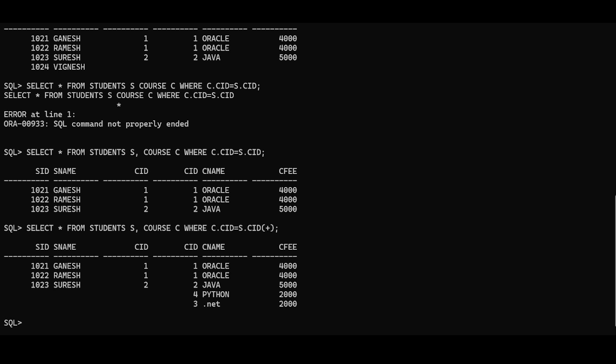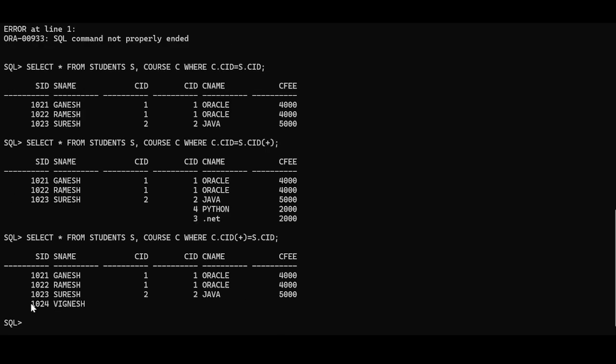The left outer join. Sorry, right outer join. For example, I use the plus operator next to this course table. I'm using it on the left side. Okay, this is equal to operator. I'm using it on the left side. Right?